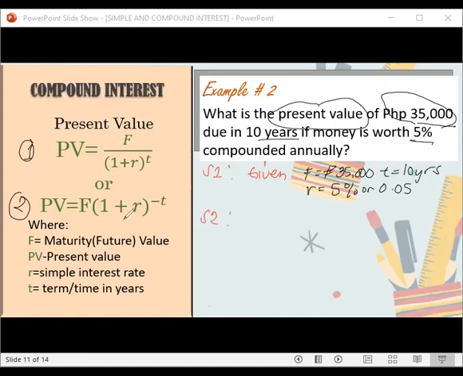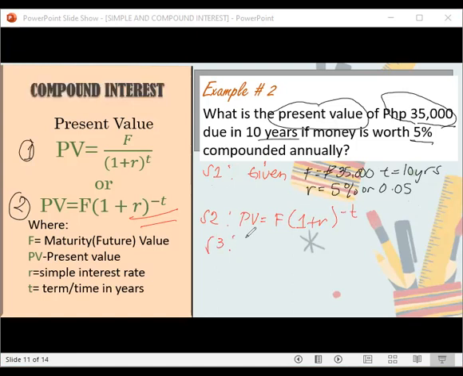Step 2, apply the formula. So, for this one, ang gagamitin kong formula ay yung pangalawang formula. Kung saan kayo comfortable, yun ang gamitin nyo kasi mag-a-arrive rin naman tayo sa same answer. So, present value is equal to the future value times 1 plus R raised to -time. Next, step number 3 is simplify using GEMDAS.